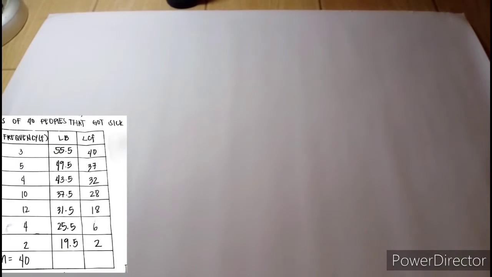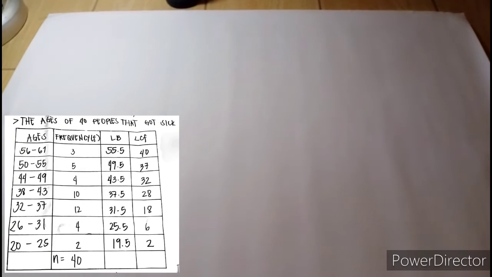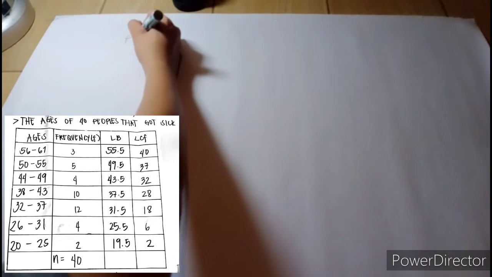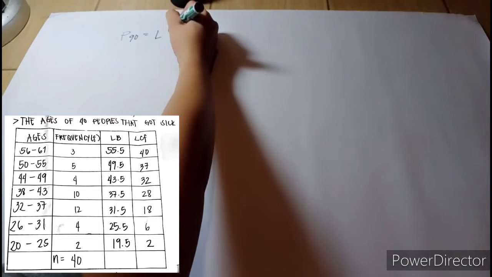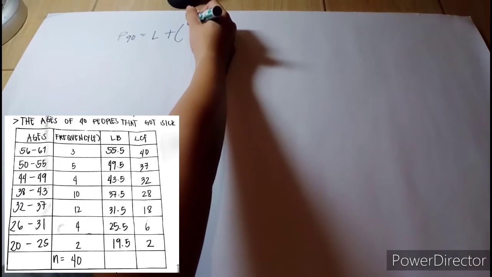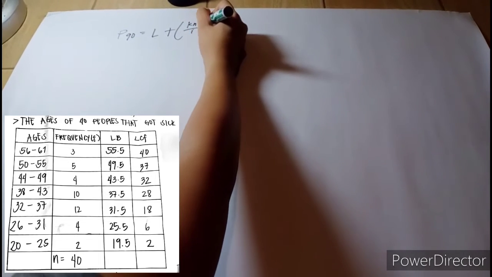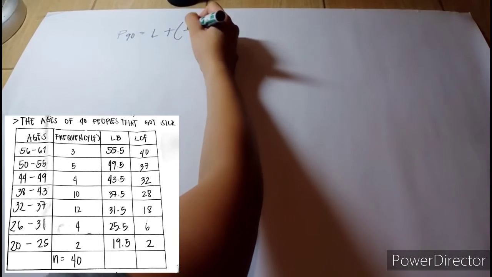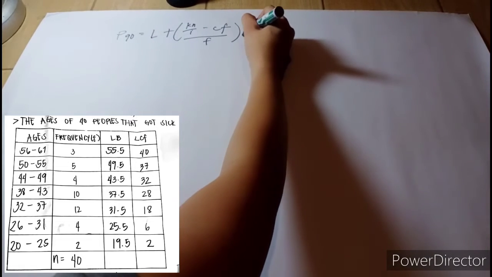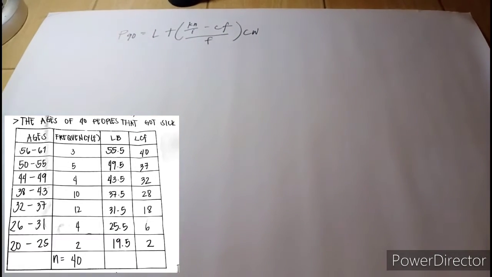Next, to find the 19th percentile, same process. So this is the formula. We need the lower boundary, the cumulative frequency, the K, which is 90, and the value of I, which is 100 because it is a percentile.